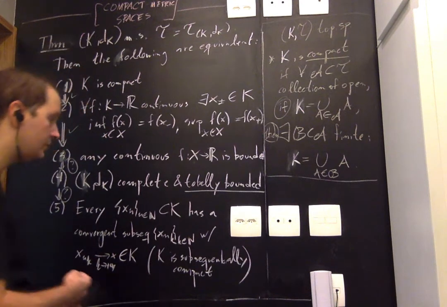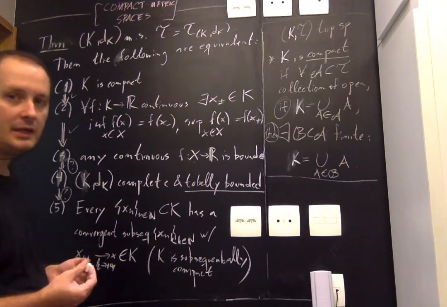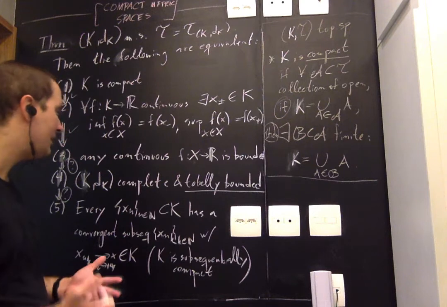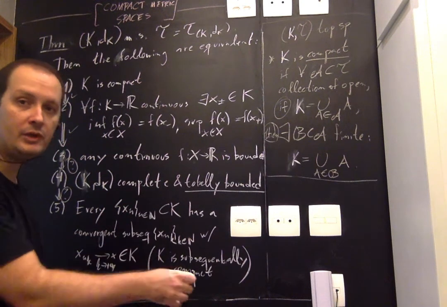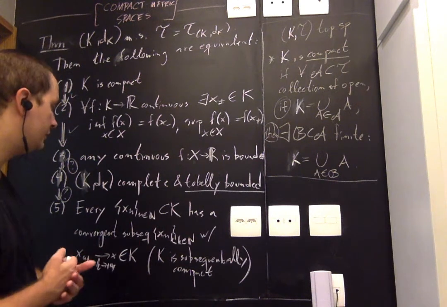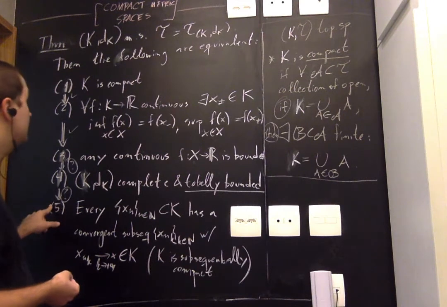It doesn't matter which one you use. It just means that, okay, it's this property that we're used to from the real line, that every sequence in a compact set has a convergent subsequence that converges to a point in that set. So that's what we have over here. So we'll see that four implies five.